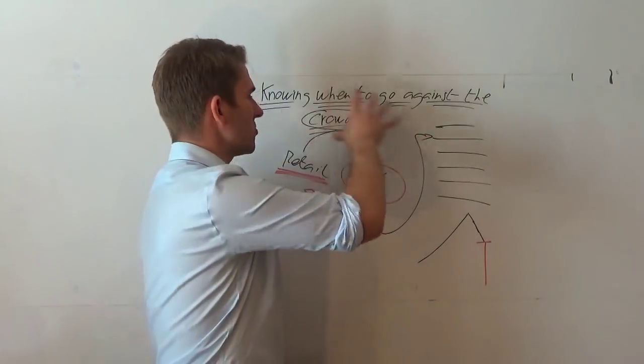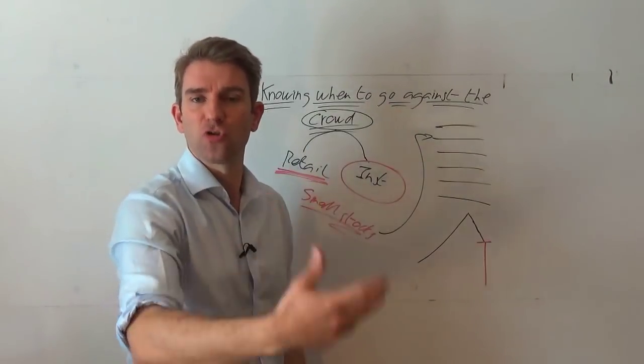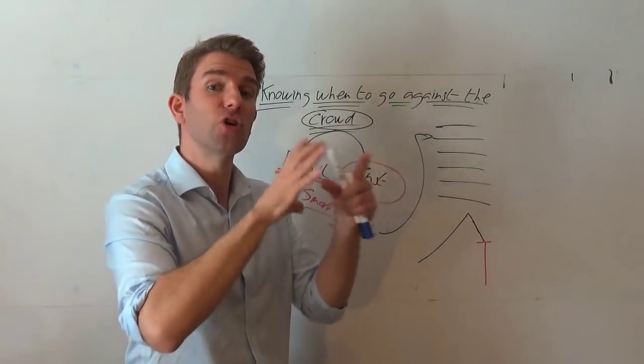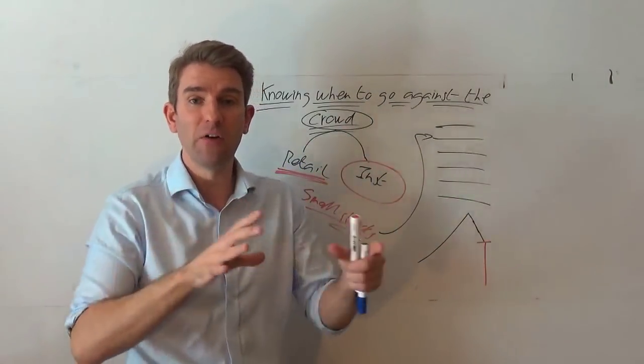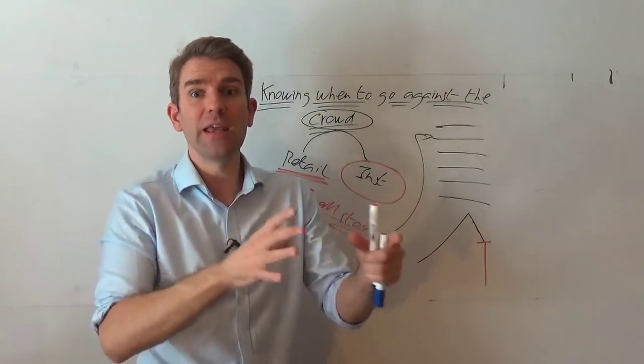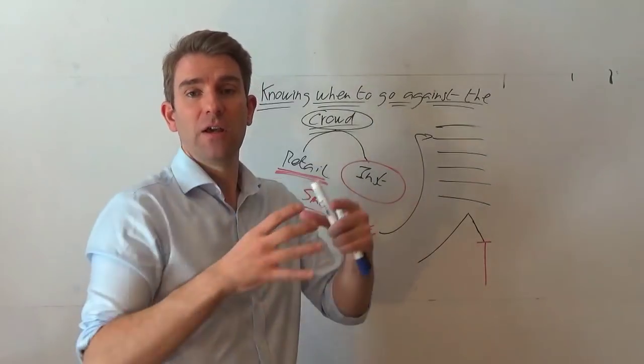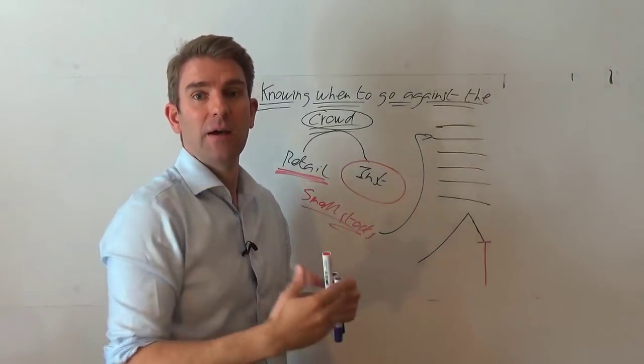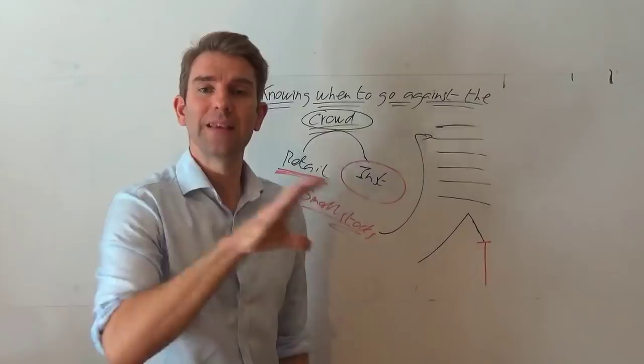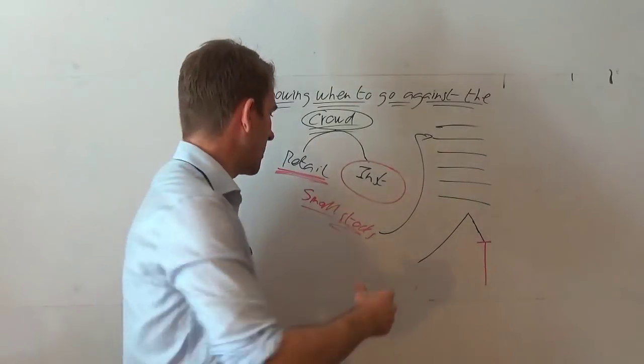While I'm not suggesting you just go against the crowd, I'm distinguishing the crowd from the trend because it is fundamentally different, although generally it does go hand in hand. If there's a good trend, the crowd is generally long because they're buying, or short because they're selling. But there's a bit of a differentiation there.